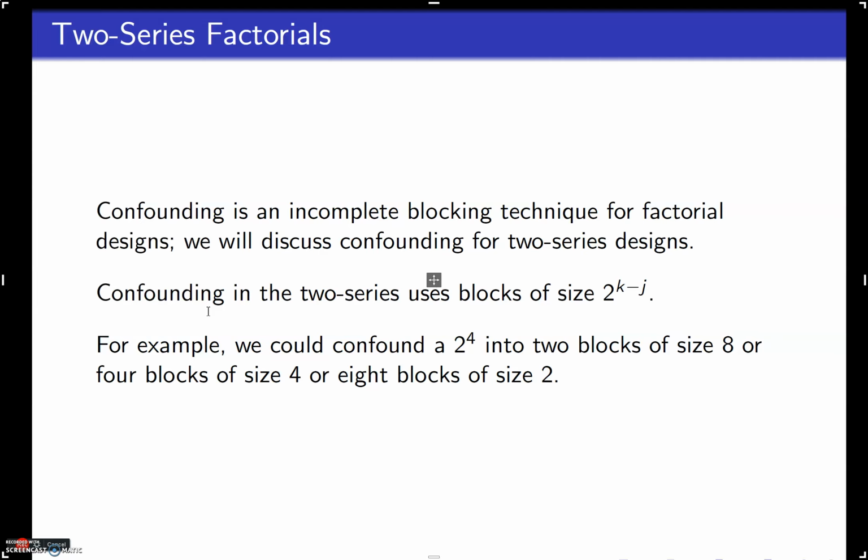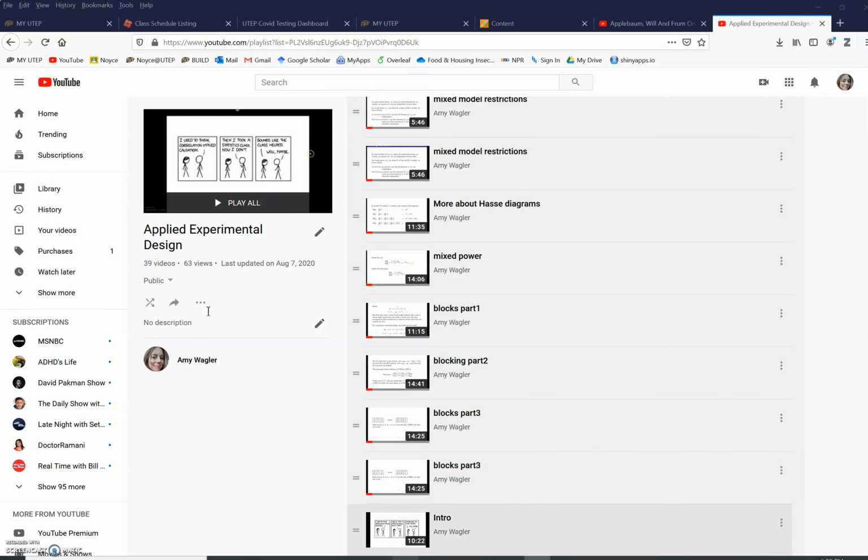But all of those are possibilities out of a 2 to the 4 design. Make sure you understand that. Enumerate that all out, okay? Why size 8? Size 8 is 2 to the 3rd, right? So 2 blocks of size 8, 4 blocks of size 4, 2 to the 2nd, or 8 blocks of size 2.